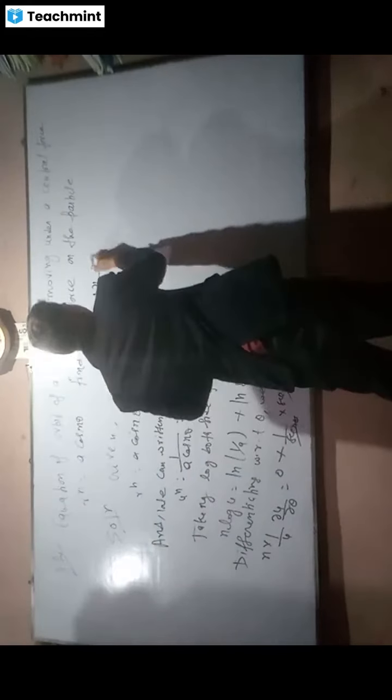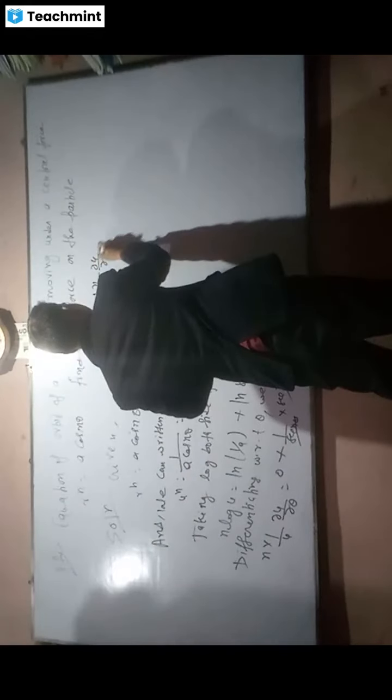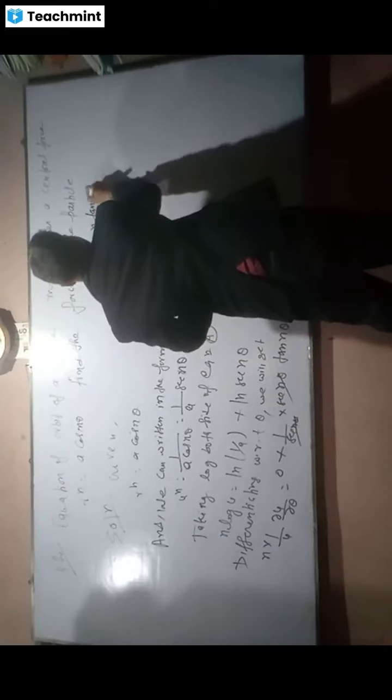Okay, chain rule, cancel out, we will get the result n by u ∂u/∂θ equal to n tan nθ.